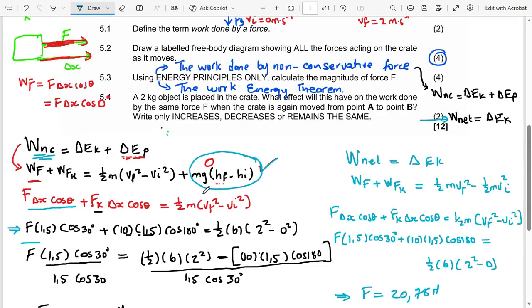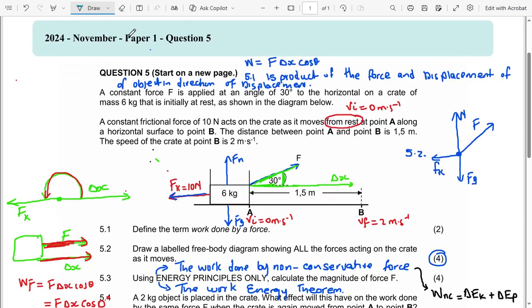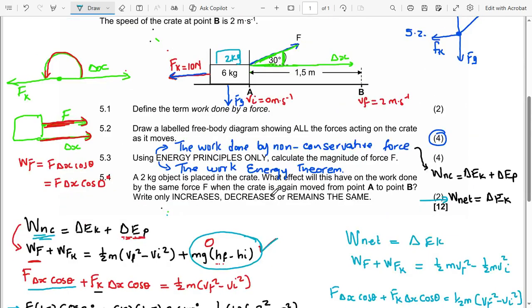Okay, the last question says that a 2 kg object is placed in a crate. So this is my crate and I need to place a 2 kg object on top like this. What effect will this have on the work done by the same force when the crate is again moved from point A to B?